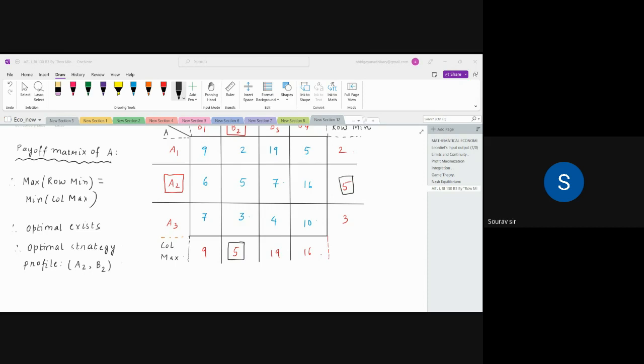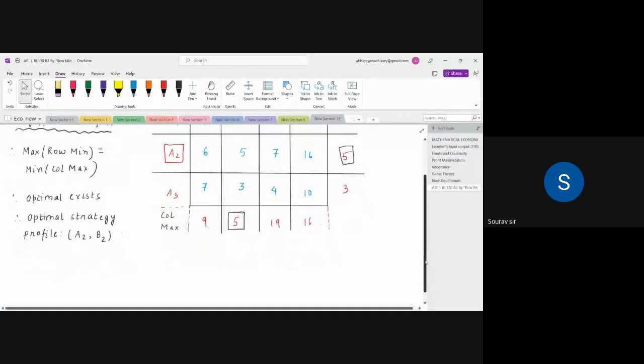Now coming to the most important question that we haven't answered till date. Why is this method working? Why are we actually using this method for zero sum game? Let's take some time to understand this. So it is the intuitive explanation of the min-max strategy.